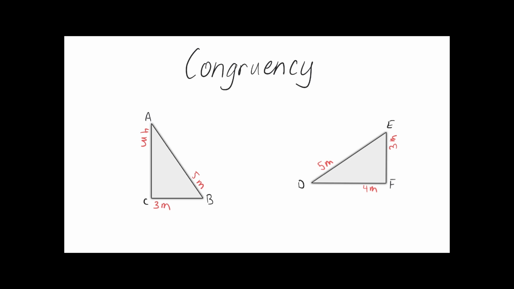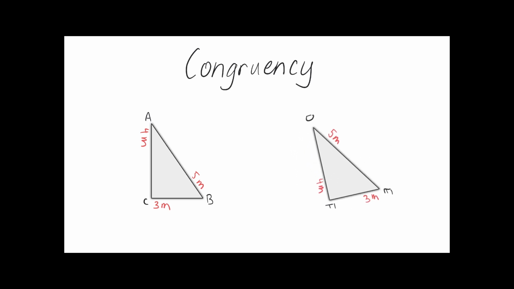So what we want to do here is figure out some of those methods of translating our shape to try and get them to overlap. Now, the first thing I'm going to do is try to reorientate the shape so that it's orientated in the same direction. So I can see that my triangle on the left there is taller than it is wide. So I'm going to reorientate like that.